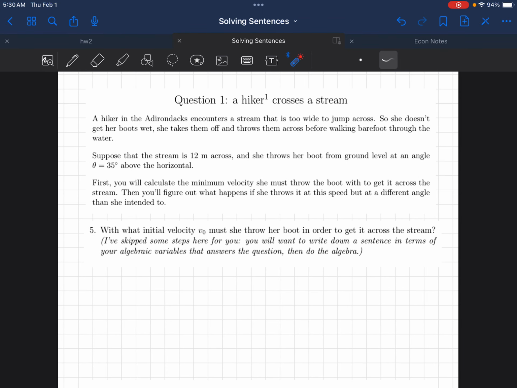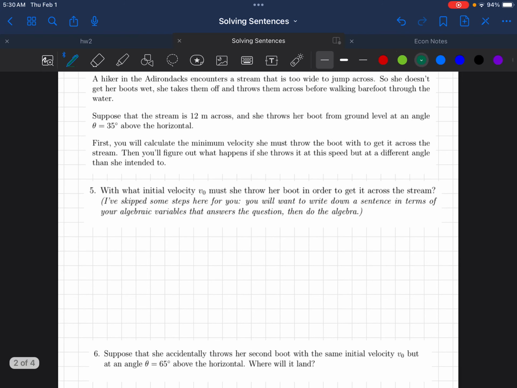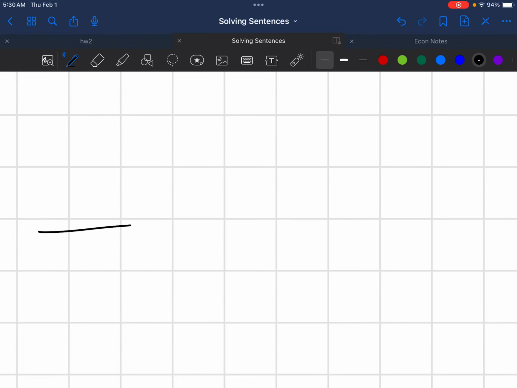Now, our recitation from this week, a hiker crossing a stream. So again, I'm just going to sketch my picture of this problem real quick. I have the bank, the river, and the water in between. I can draw that better. All right, I'm giving the boot some initial velocity at some angle theta.